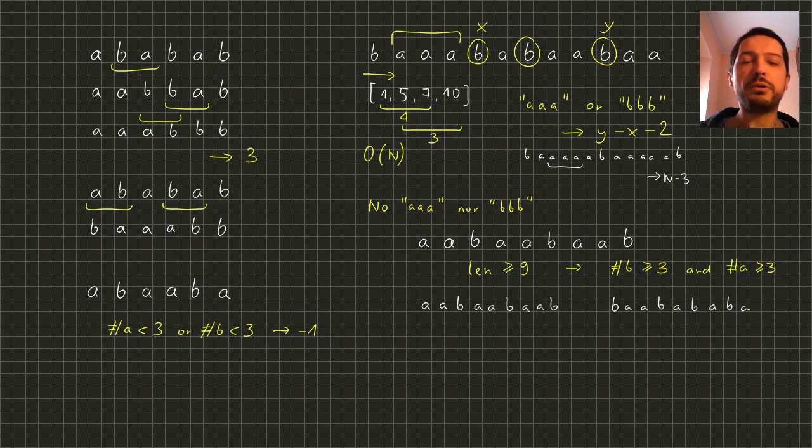Let's assume, without loss of generality, that the letter B appears fewer times than the letter A. Therefore, the letter B appears either 3 times or 4 times. If it appears 3 times, then the biggest number of swaps we need to do in order to form a group of 3 consecutive letters B is 4, because we can have at most 2 letters A between the first B and the second one, and between the second one and the third one.